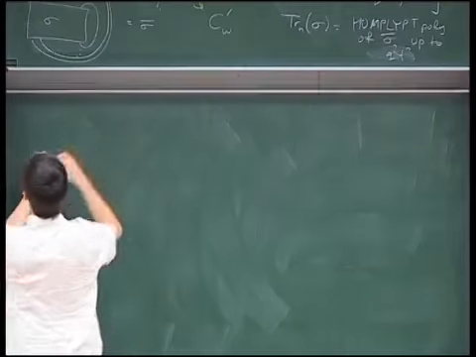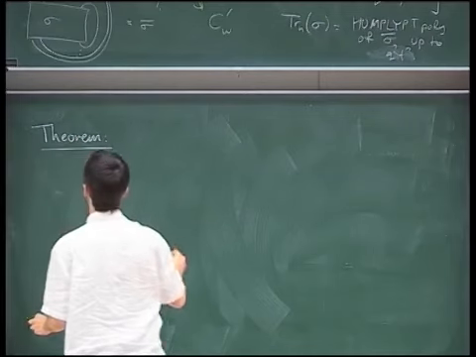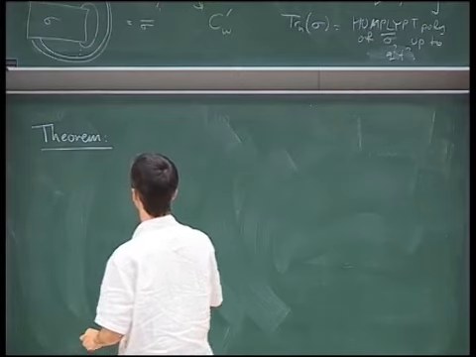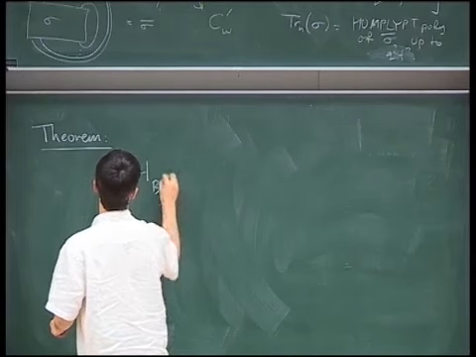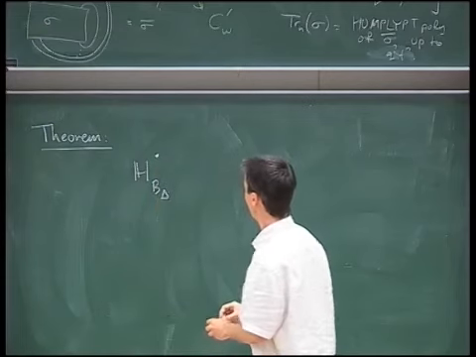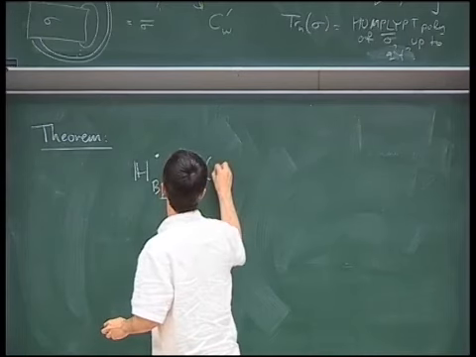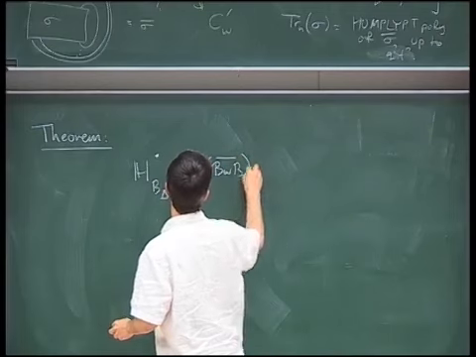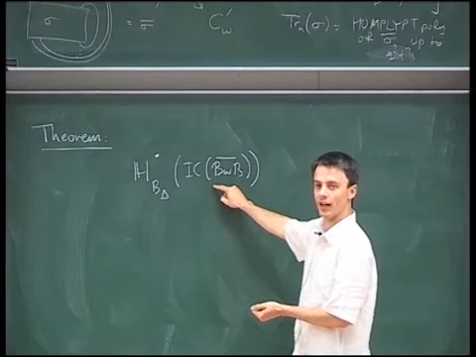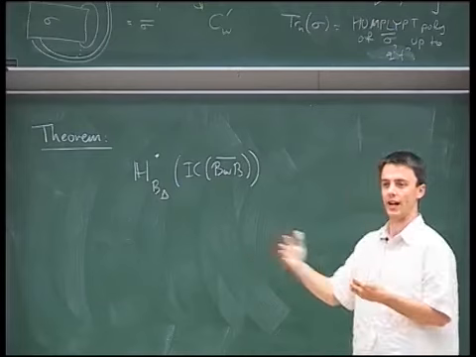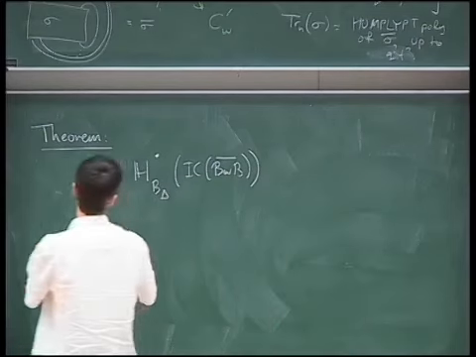So the first theorem is that we can take the B delta equivariant hypercohomology of an IC of BwB. So this will be some graded vector space, but by what I said before, it has two gradings, namely the second grading by weight.